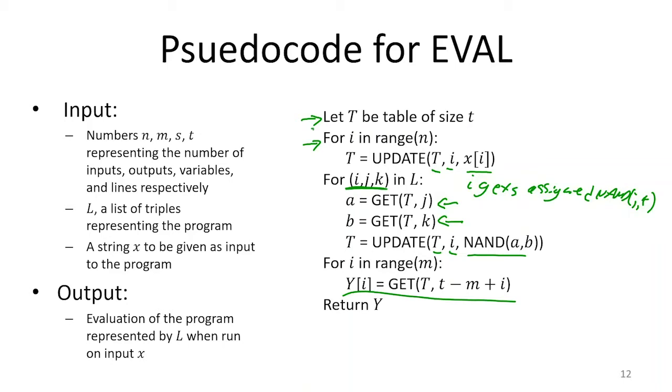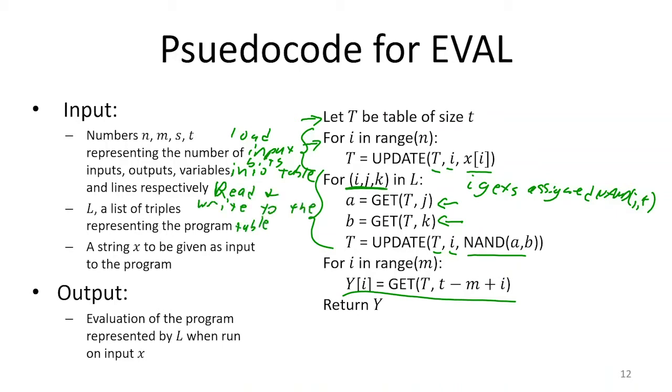First, we're going to load input bits into the table. Then we're going to read and write to the table for each of the triples. And then finally, we return the last m bits. So these are our three steps.